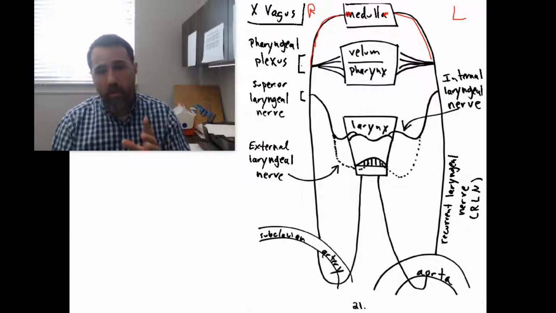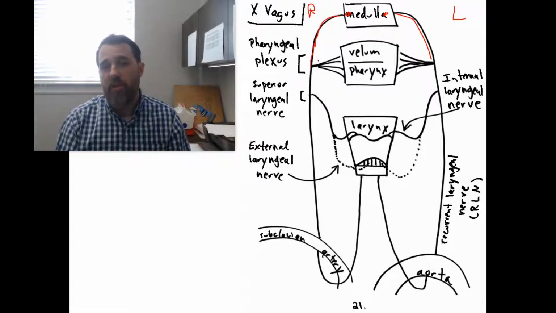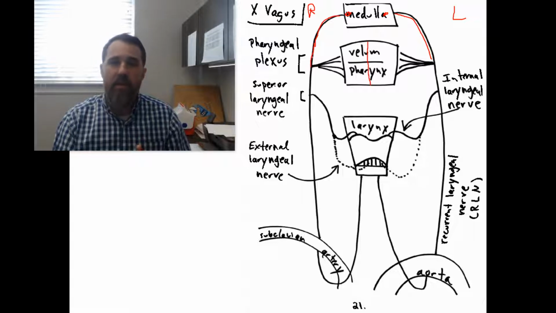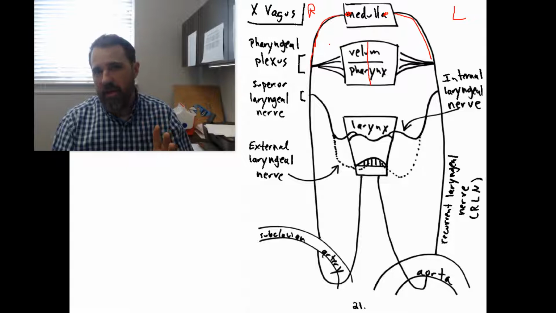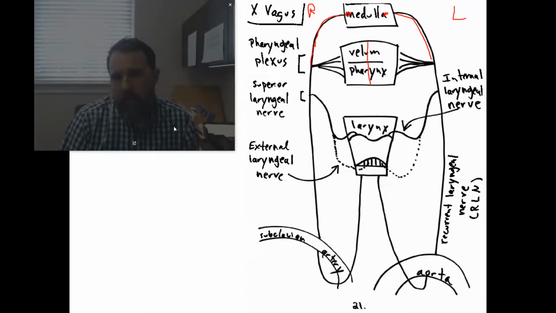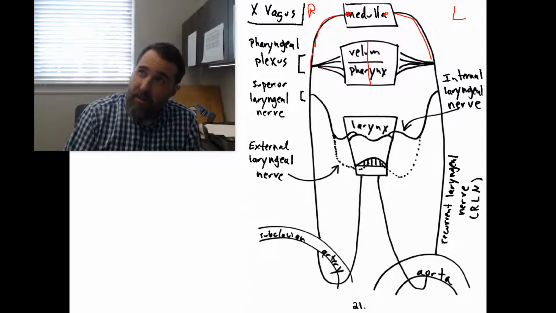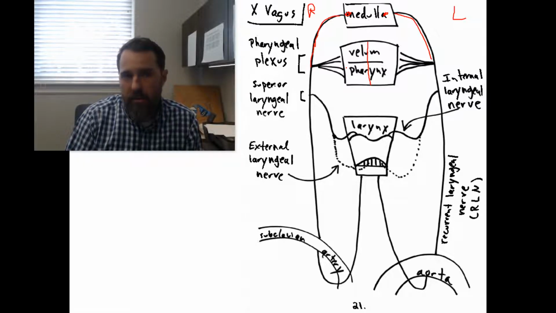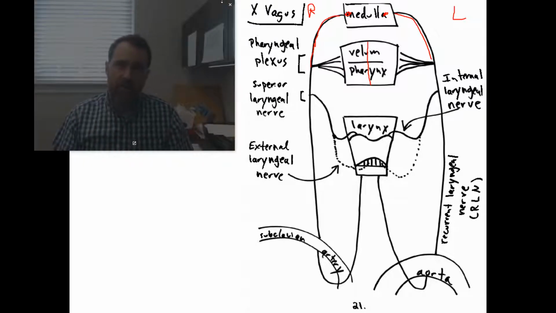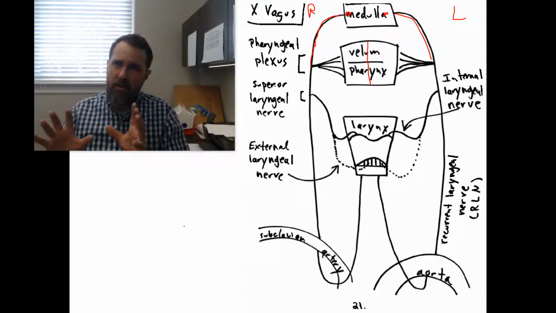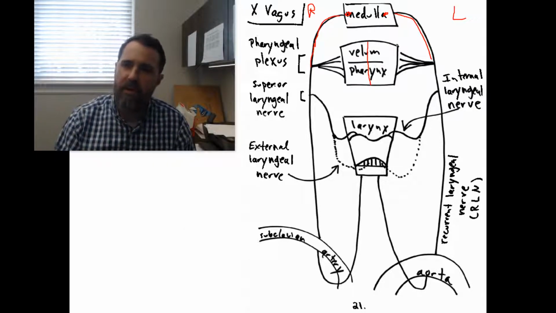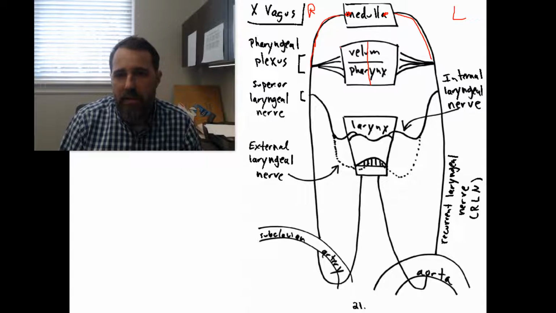The first important branch is known as the pharyngeal plexus. The pharyngeal plexus is important because it innervates the velum and some of the muscles of the pharynx. It innervates the superior and middle pharyngeal constrictors, which are largely the walls of the pharynx, and it innervates the velum.